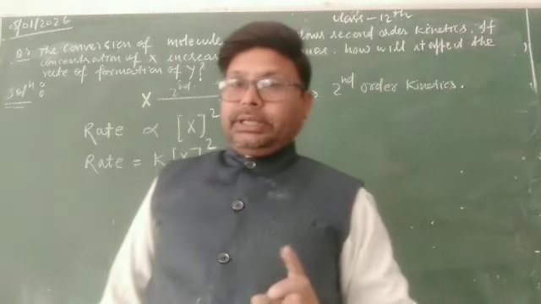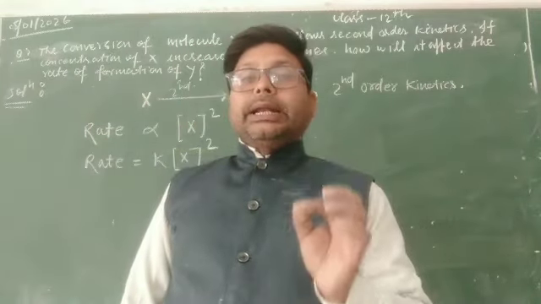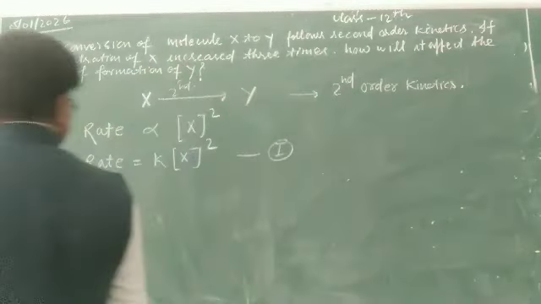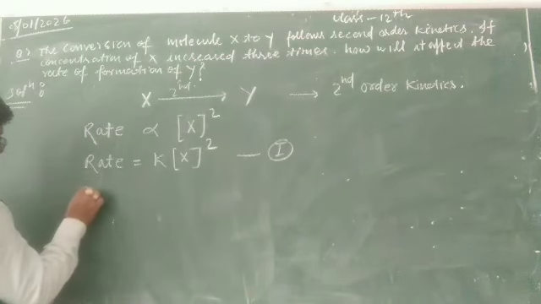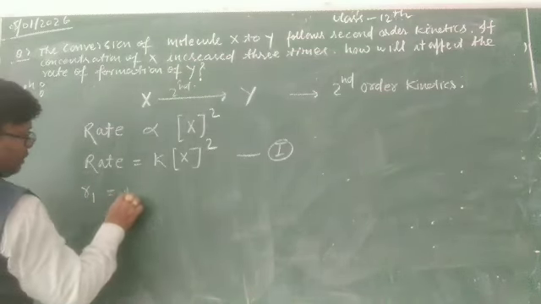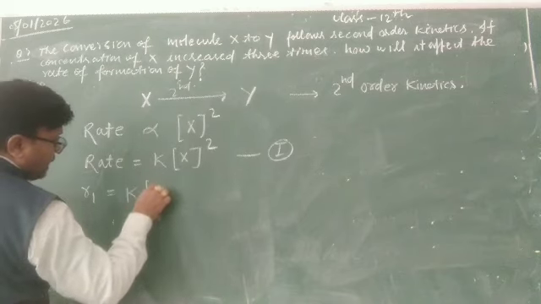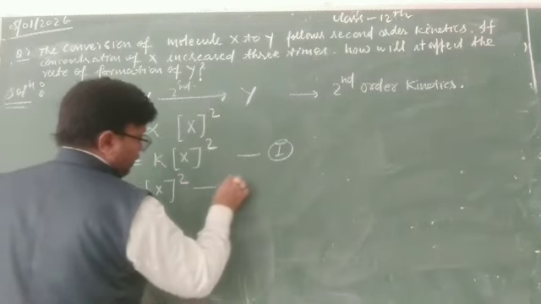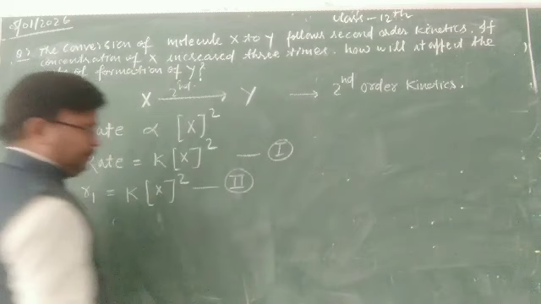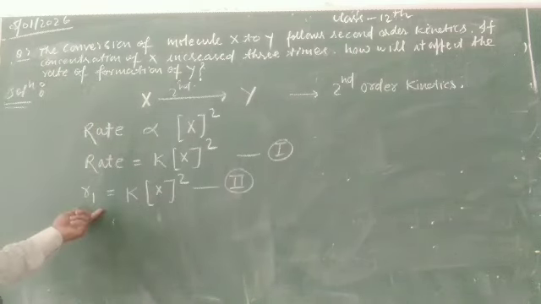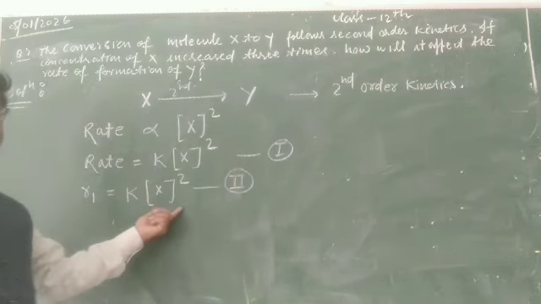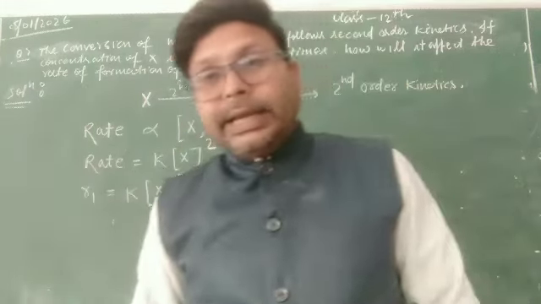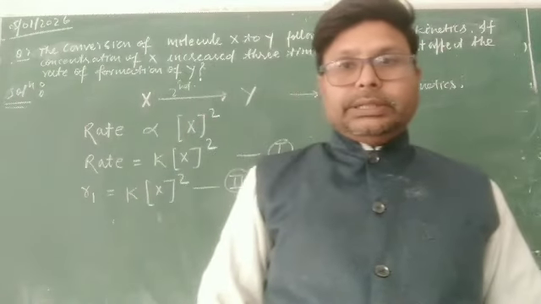In the first case, if we suppose that the rate is R1, then R1 is equal to k x square. That is equation 2. That is, it follows second order kinetics.